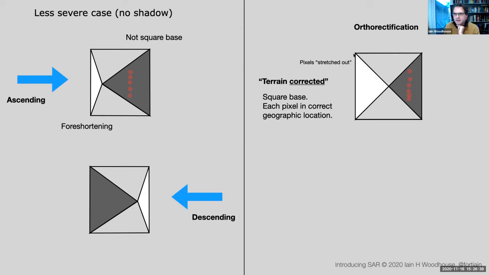But you'll notice that the base now is square, whereas it was rectangular in the slant range data. So that's reassuring. It's in the right proportions now, so they're in the proper geographic location. And the pixel that corresponds to the peak is in the center of that square. So this is what you would expect to see as a planimetric view of the pyramid, so that each point is now in its proper geographic location.